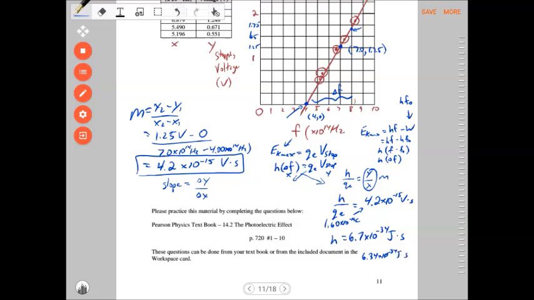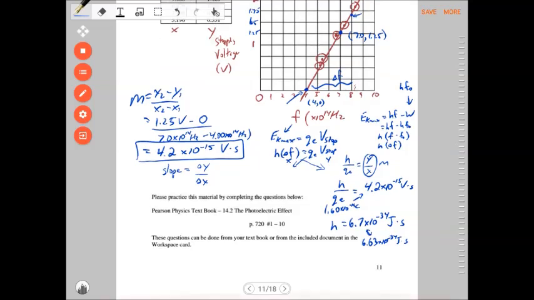See, that's awfully close to Planck's constant. Pardon me, 6.63. That's a lot closer, isn't it? 6.63 times 10 to the negative 34. So this is very, very close using our data.